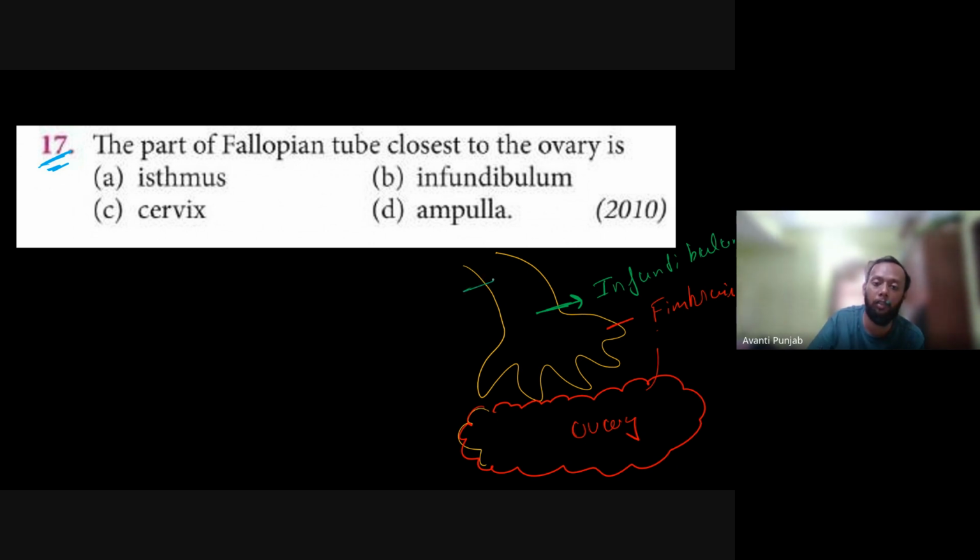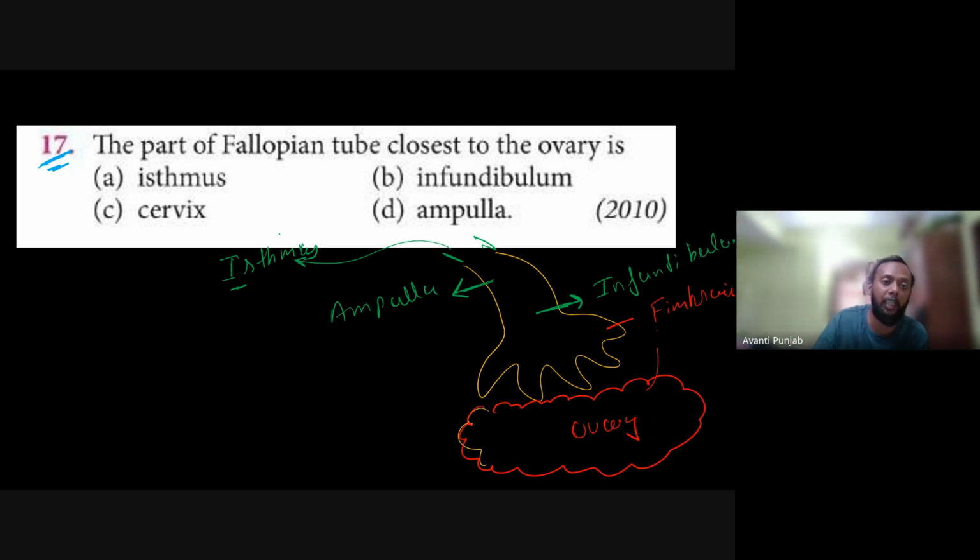The next part of the fallopian tube is going to be your ampulla. And then after that, you will have the presence of the isthmus. ये अरेंजमेंट आपका होता है ना बेटा हमेशा. यहाँ पे आपके will have infundibulum, then you will have ampulla, and then you will have the isthmus.